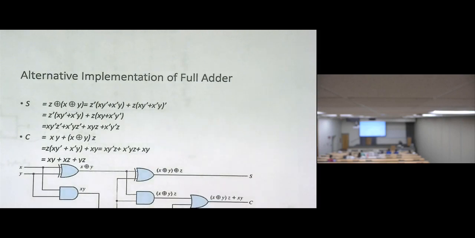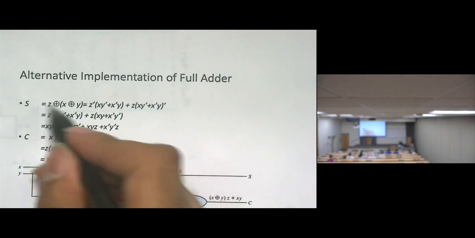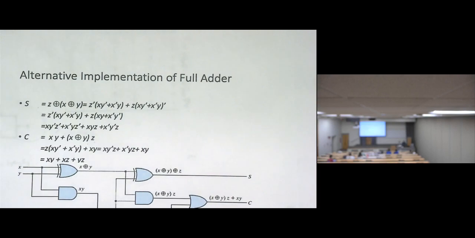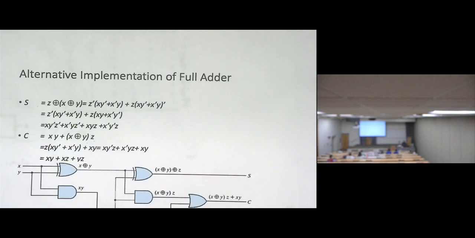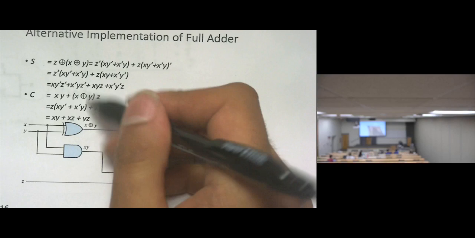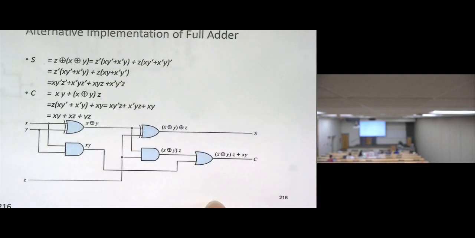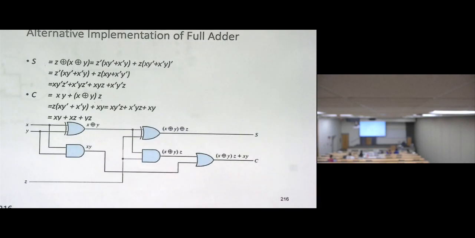You can write them into your note sheets if you need. But for the quiz, you don't need to memorize those. They will be given to you if you need to know this representation. So this is an alternate way to implement the full adder. It's just for your information.